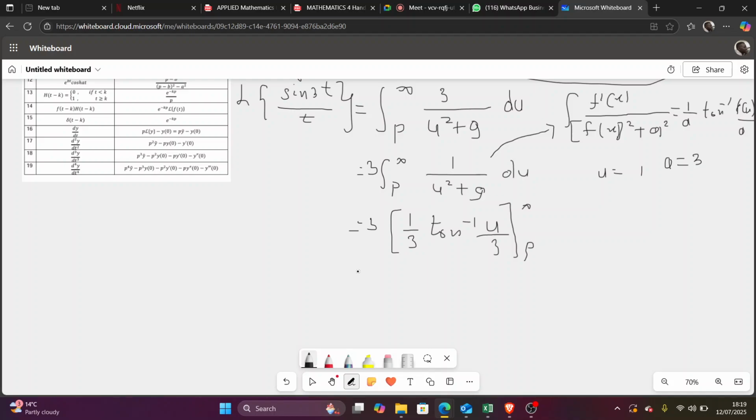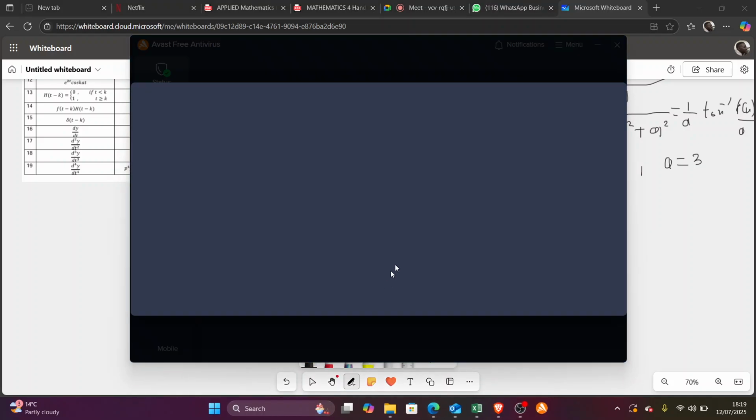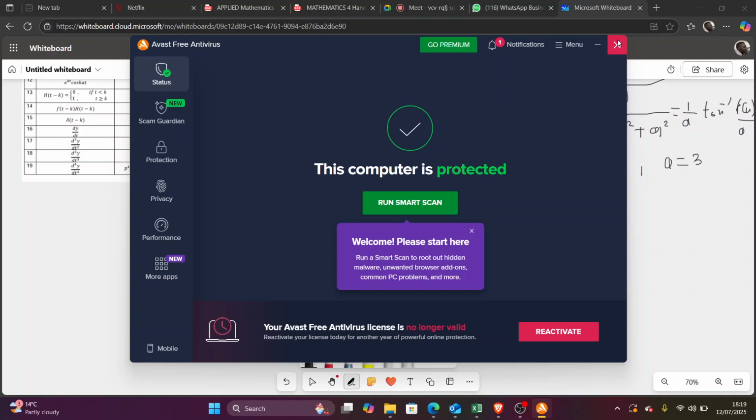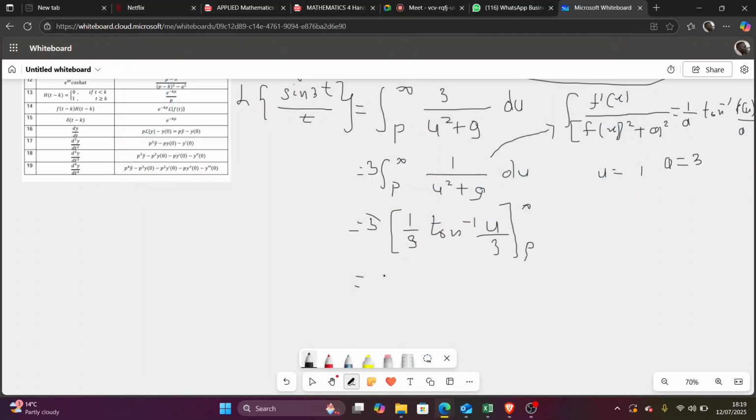If you bring it inside, you will notice that 3 will cancel 3. So at the end, we will have tan inverse of u over 3, where the limit moves from p to infinity.